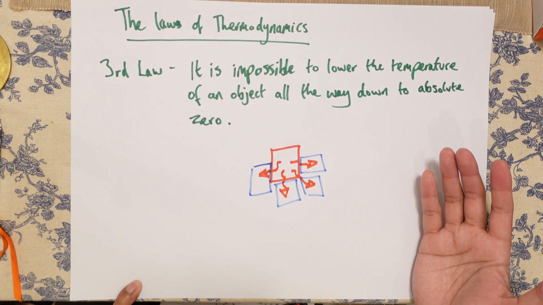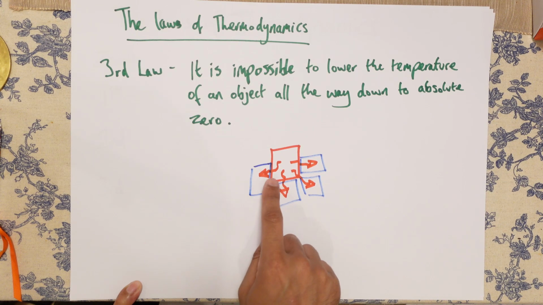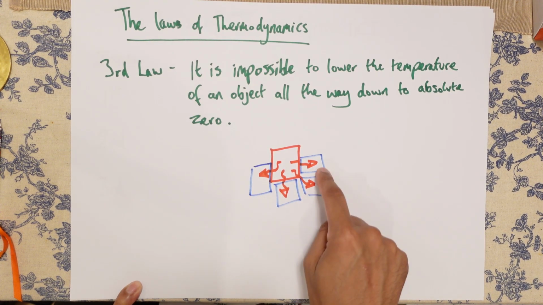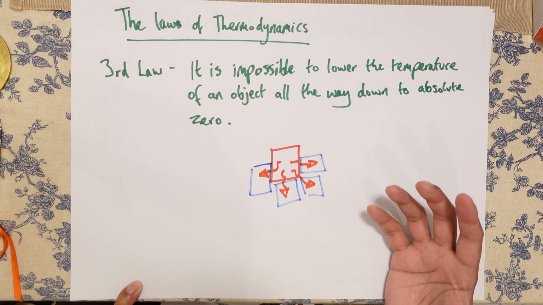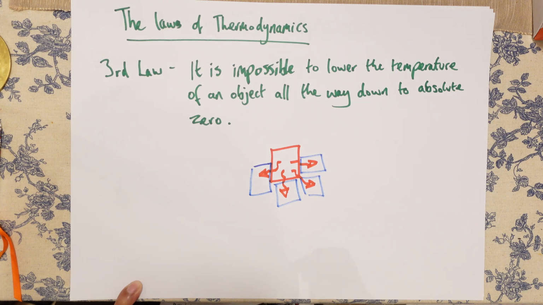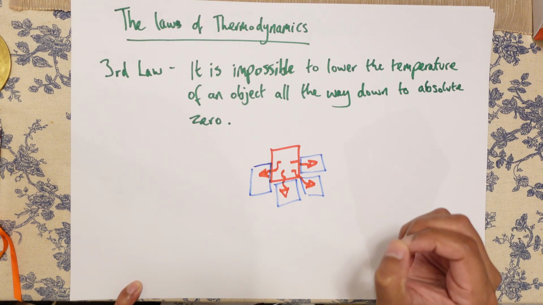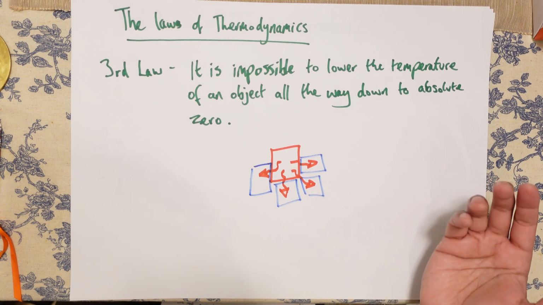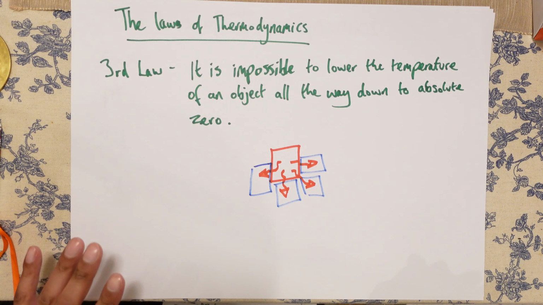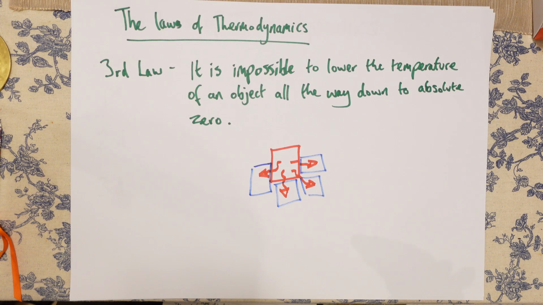That's 0 Kelvin. However, what's going to happen is this is going to absorb some heat. This is going to absorb some heat. This and this going to absorb some heat. And eventually it reaches a thermal equilibrium a tiny, tiny little bit above absolute zero, which is 0 Kelvin. For that reason, you cannot get something cooled down to absolute zero.